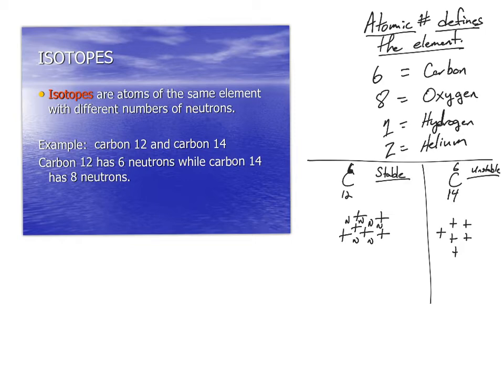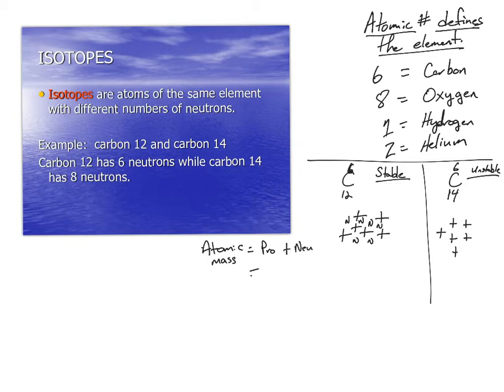So that means that if you have 6 protons still, and you know you have atomic mass of 14, remembering that atomic mass equals protons plus neutrons.